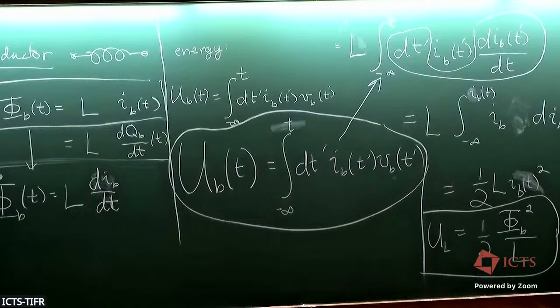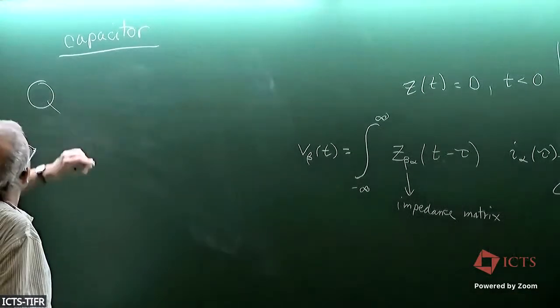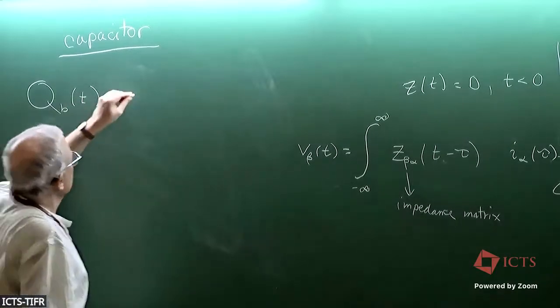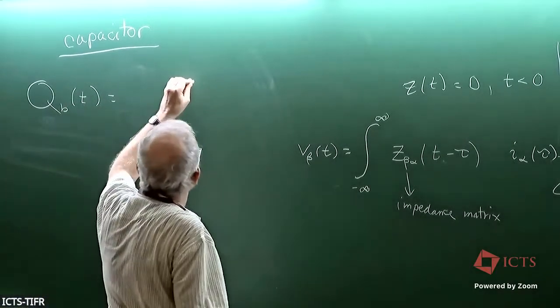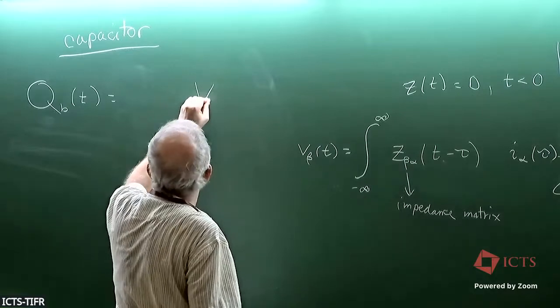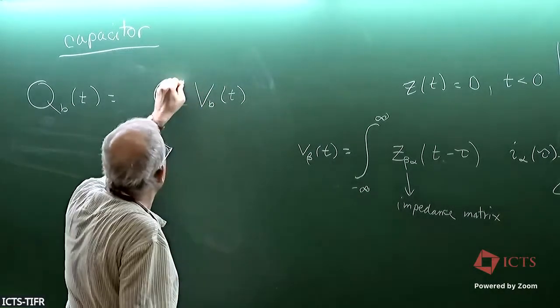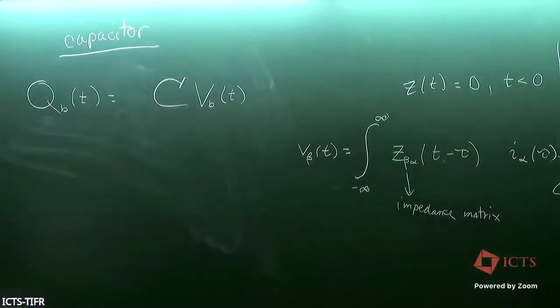For the capacitor, the hypothesis, or the meaning of a linear capacitor, is that the Q variable of the branch at time t equals the voltage of that branch at the same time t with a coefficient of proportionality C, so and so many farads.